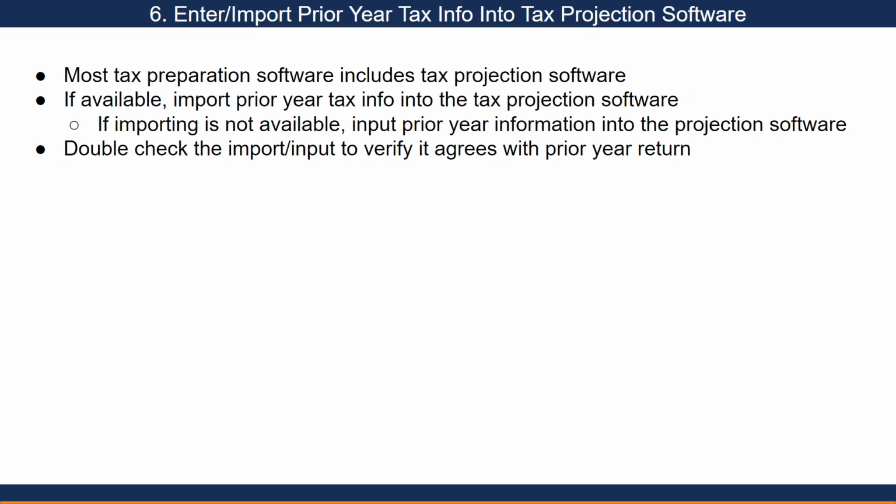Case in point, I did one the other day where I brought it into the tax projection software and it was off by a few things. I had to adjust a couple things in there. In this particular one, the medical expenses didn't come through quite the right way, so I just had to change that number, and then everything worked just fine. So you always want to make sure that it agrees.